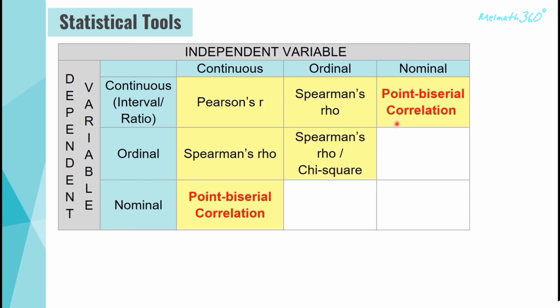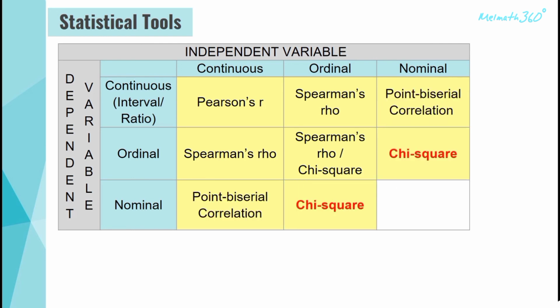If one variable is nominal and the other variable is continuous, we can use point-biserial correlation. If one variable is ordinal and the other variable is nominal, we can use chi-square. And if both variables are nominal, we can use chi-square.